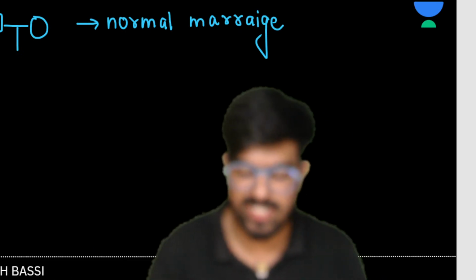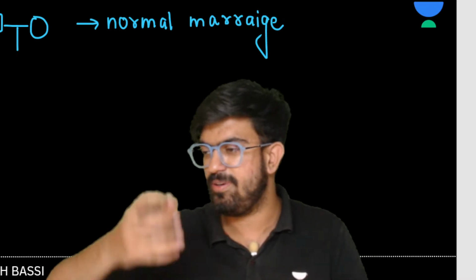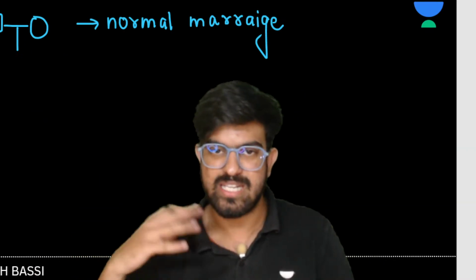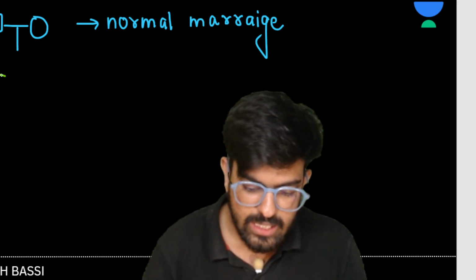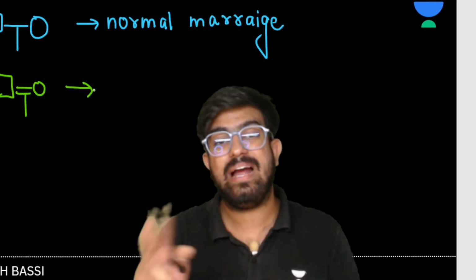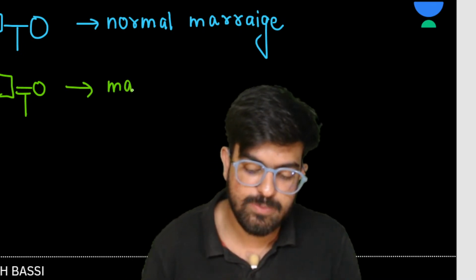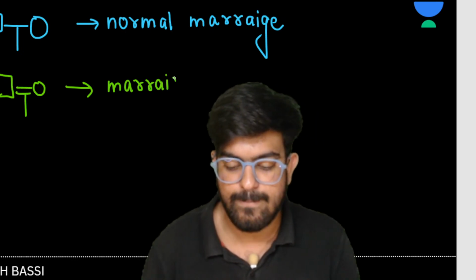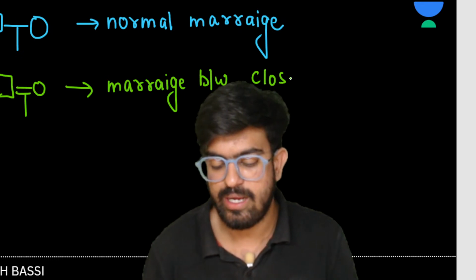Normal marriage is basically, from a genetics point of view, one family and the other family having the marriage. But if I represent like this, this represents marriage between close relatives.